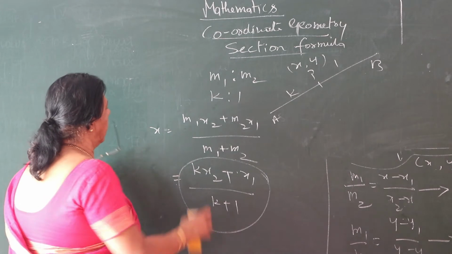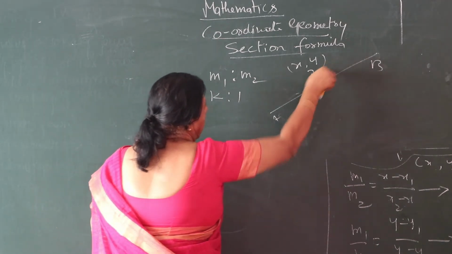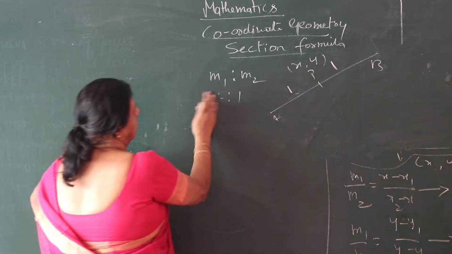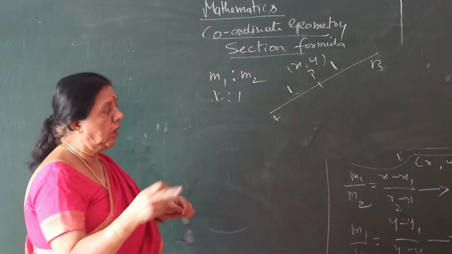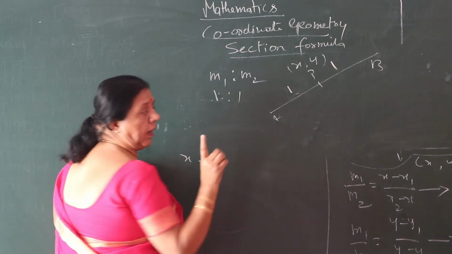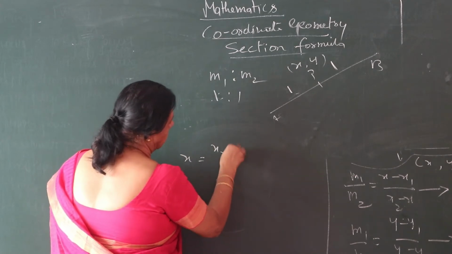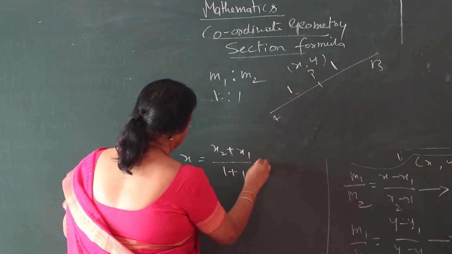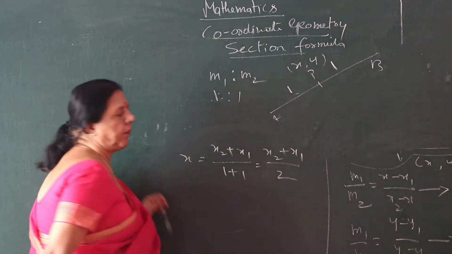Take another example. When the ratio is, children, observe properly, when the ratio is 1, that is 1 is to 1, M1 and M2 become 1. The formula will be X is equal to M1, M1 becomes 1. What is the remaining term? X2 plus the other term X1 by 1 plus 1, which is equal to X2 plus X1 by 2.